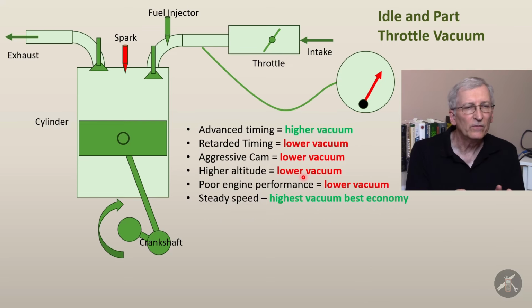In principle, advanced timing will get you higher vacuum, retarded timing will get you lower vacuum. An aggressive cam, the more aggressive and the more overlap you have, will reduce your vacuum.